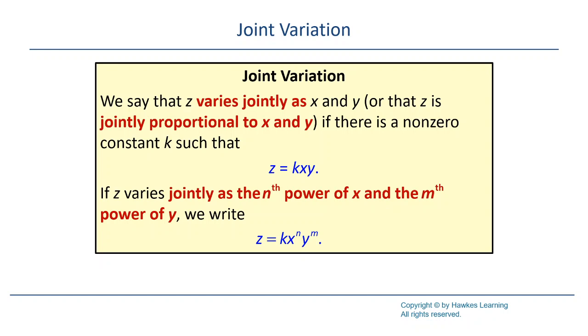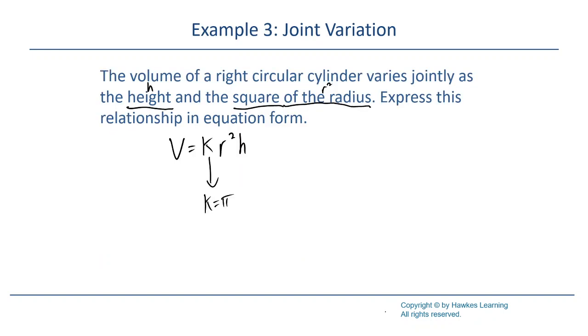But key takeaway is joint variation means multiple things together. Now one thing to keep an eye out for is, what if it said it varies jointly with the height and the inverse of the square of the radius?